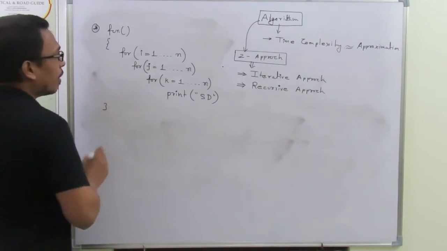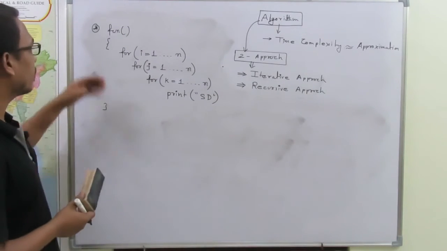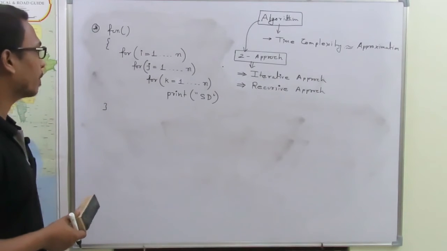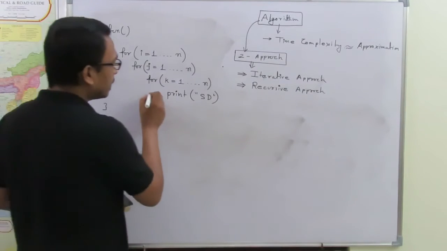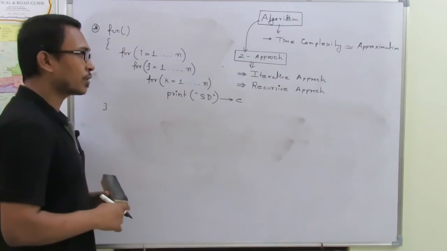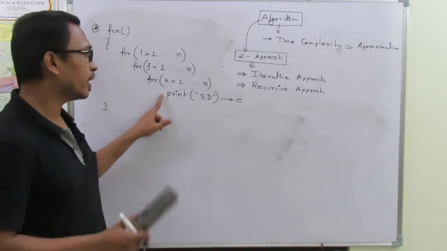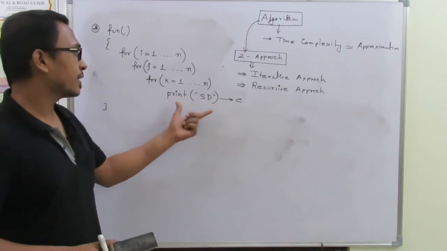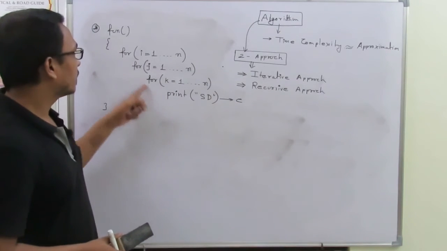What will be the time complexity of this particular problem? Again this print statement will execute in constant time, and then we have three loops.